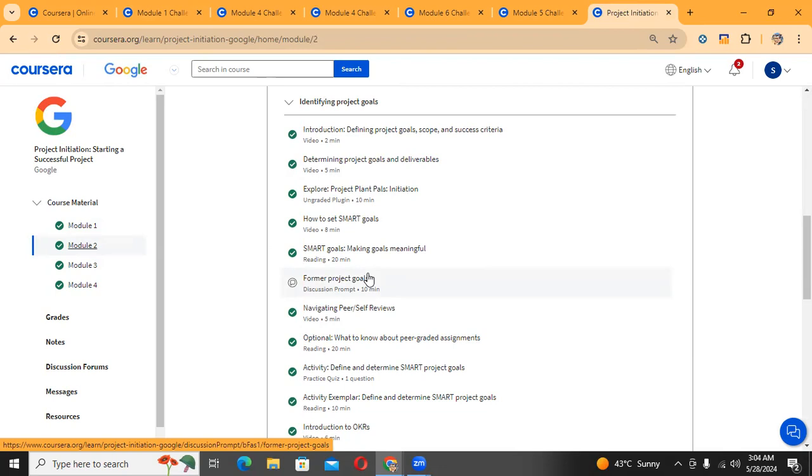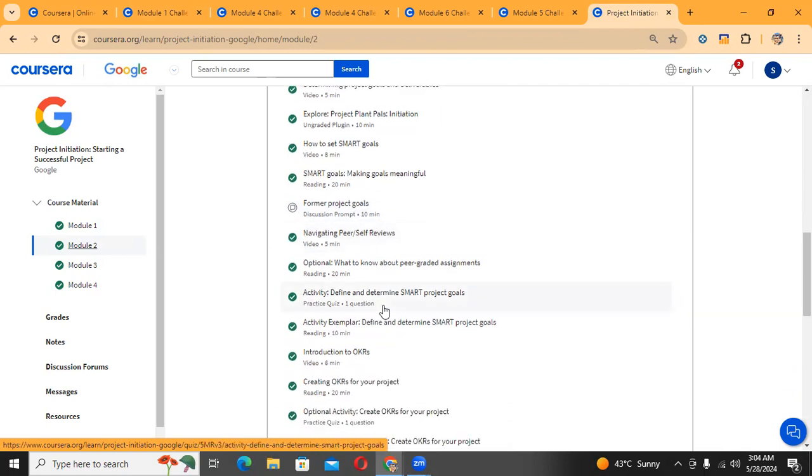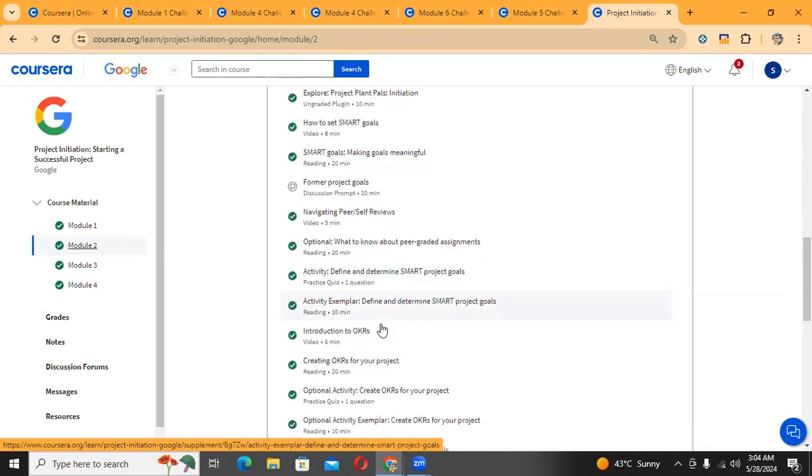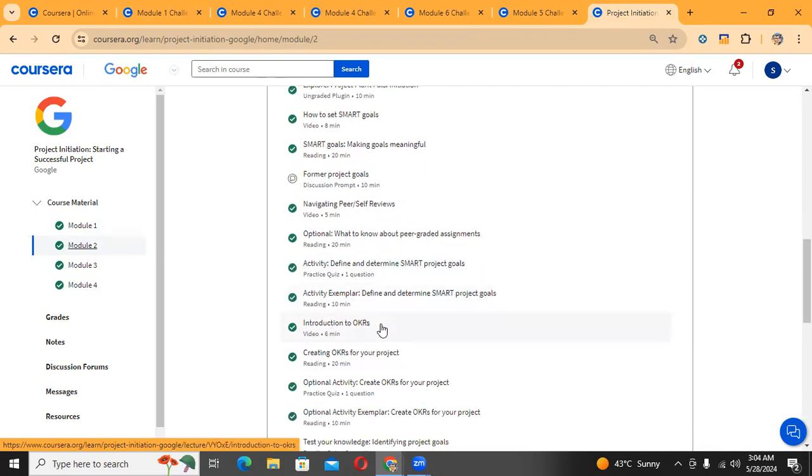This module is crucial for setting up your project for success. Key topics include setting SMART goals: learn how to define specific, measurable, achievable, relevant, and time-bound goals. Defining a project scope: differentiate in-scope and out-of-scope tasks to prevent scope creep.